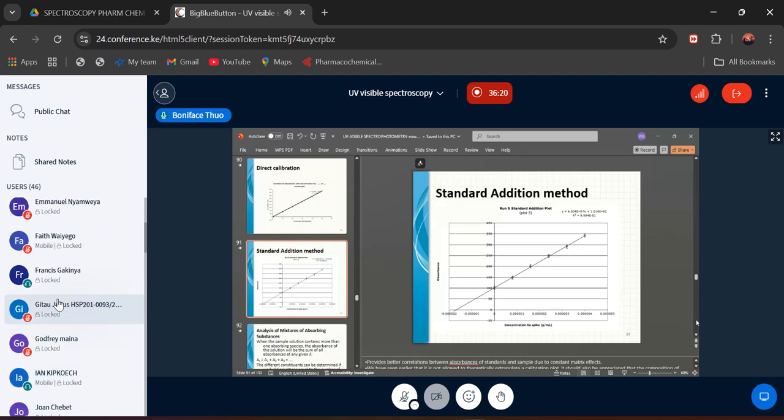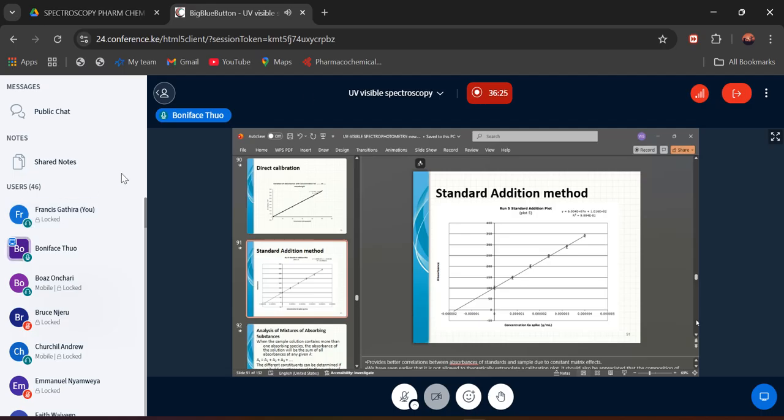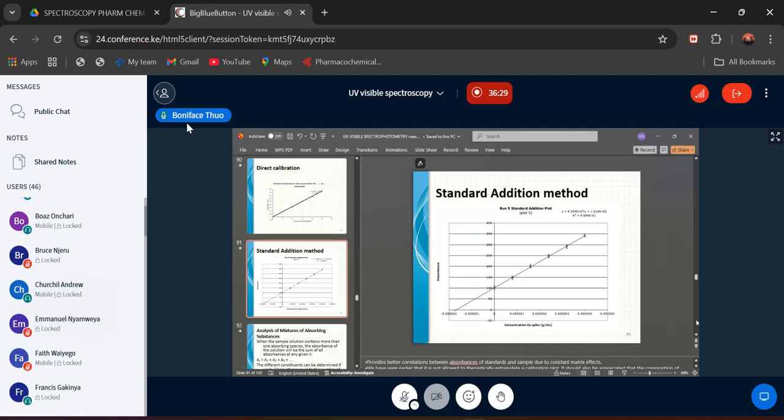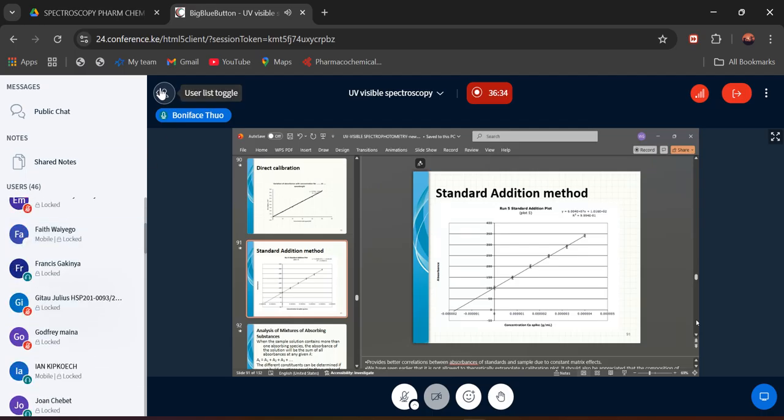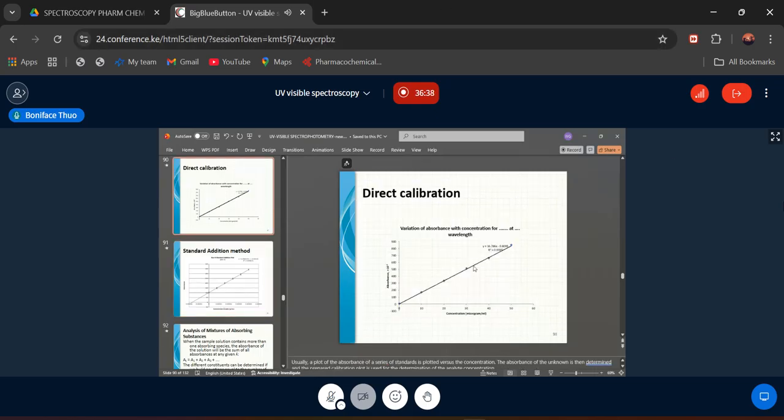And this works by adding a constant amount of the unknown to the standard solutions. So it's just like in the calibration method, but now instead of measuring the absorbance of the pure standards, you add the same quantity of the sample to the standard solutions.